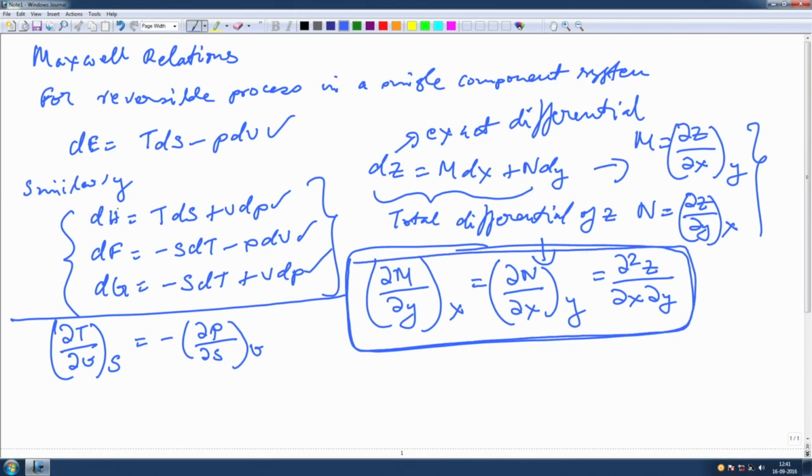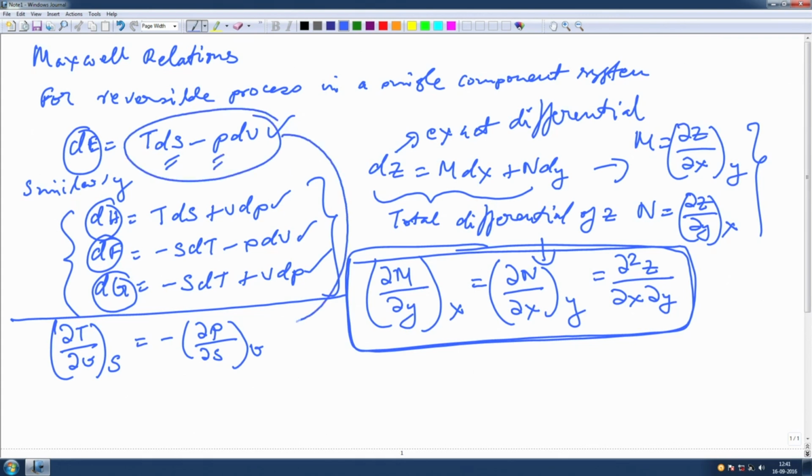Each of these is like a Z, and these are like dZs. Just by using that combination, for example, the first one that we have written is dT by dV at constant S, because this is dS if you see this particular relationship, and this is dP by dS at constant V. So that is the first Maxwell relation.